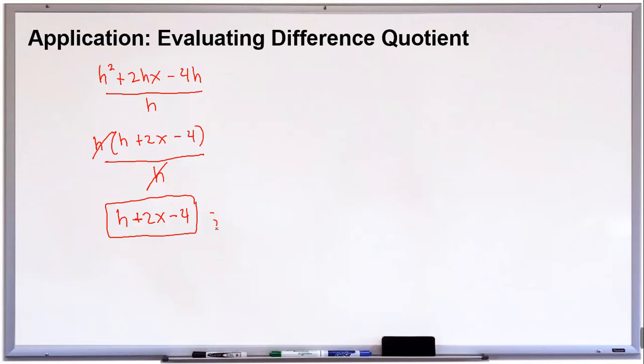And make sure to indicate the restriction for h. Although this is not expressed in terms of h, and doesn't have any denominator containing h, we still need to include the restriction for this given function.